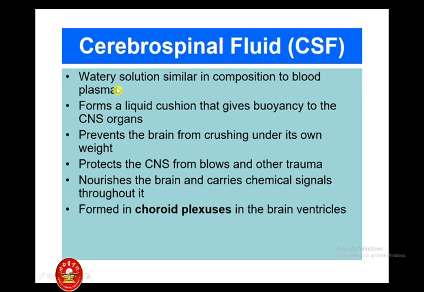Cerebrospinal fluid is a watery solution similar in composition to blood plasma. It forms a liquid cushion that gives buoyancy to the central nervous system organs, prevents the brain from crushing under its own weight, protects the central nervous system from blows and other traumas, nourishes the brain and carries chemical signals through it. It is formed in the choroid plexus in the brain ventricles.